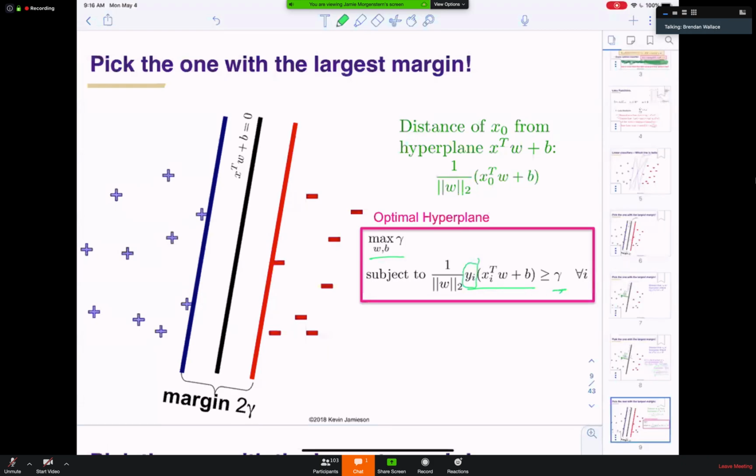Yeah, I have a question. Is this only relevant when we can perfectly bisect our data with a hyperplane? Yes, yes, yes. We started with this toy example that I've continued to draw additional pieces onto.